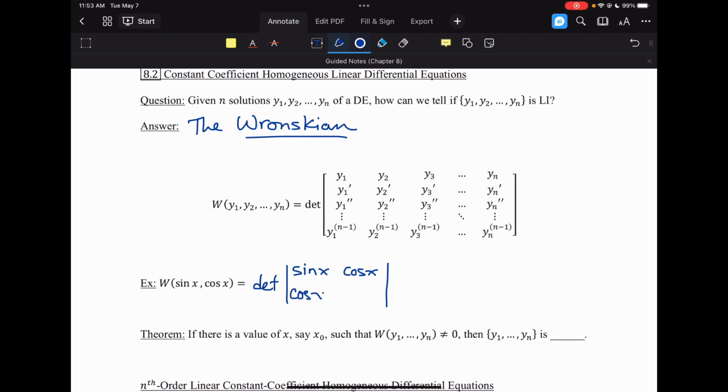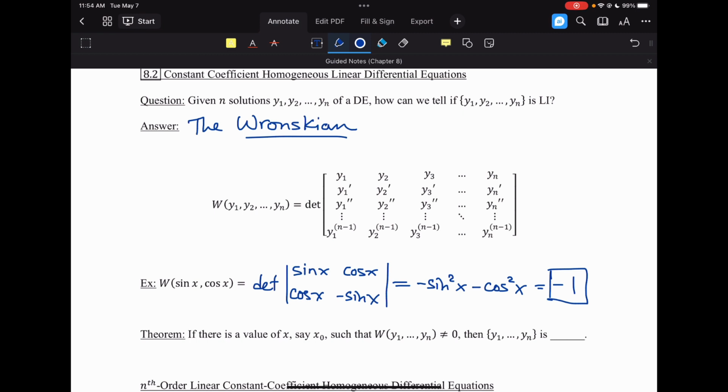So that's cosine of x and negative sine of x. Take the determinant. That's negative sine squared x minus cosine squared x, which factor out the negative 1, and you're left with sine squared plus cosine squared, which is just 1. So we get a Wronskian of negative 1 for sine and cosine.